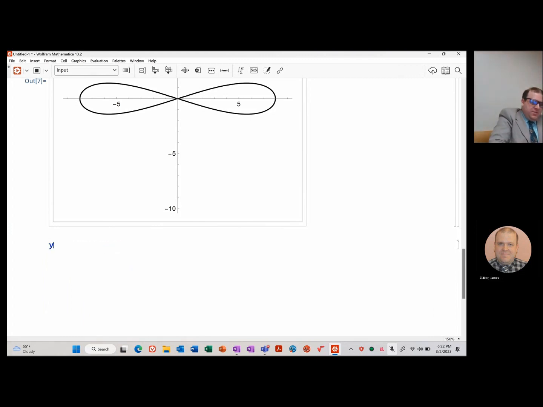Actually, before I do that, I'm going to define y of x. It'll be easier that way. It's the square root of a squared times x squared minus x to the fourth, all over 8a squared, right?